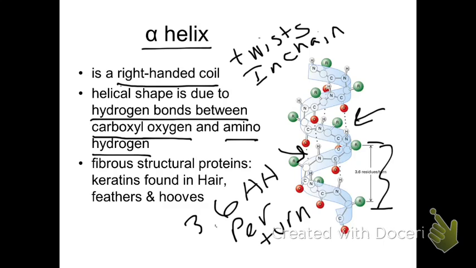Some common proteins that contain alpha helices are keratins, which are found in hair, feathers, and hooves. Keratin is a very common protein. Collagen, which is also found in hair, is also made up of these alpha helices.